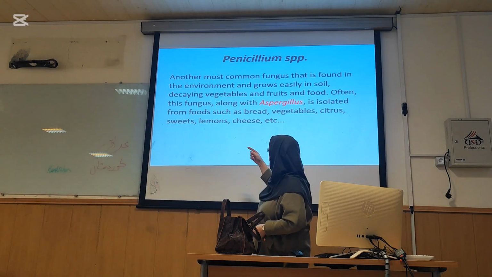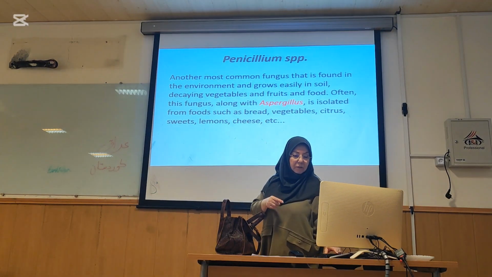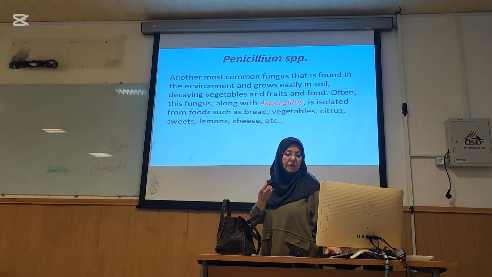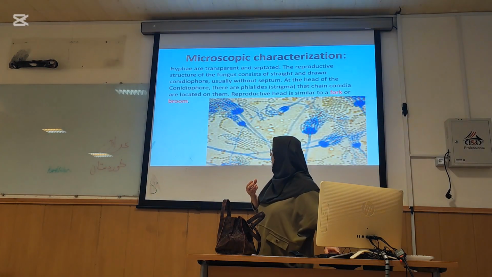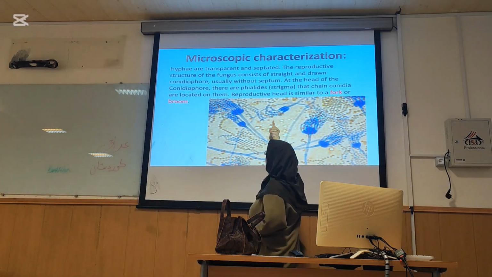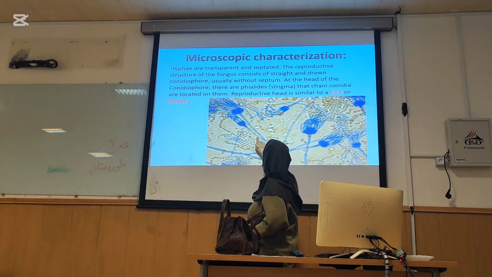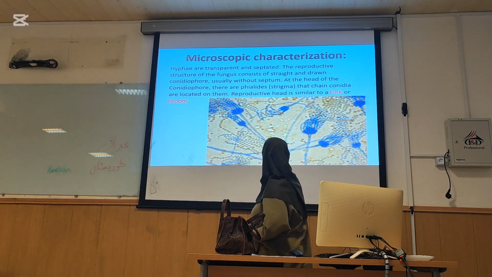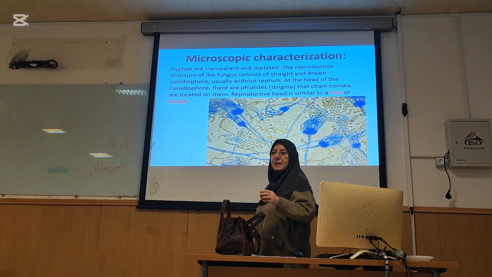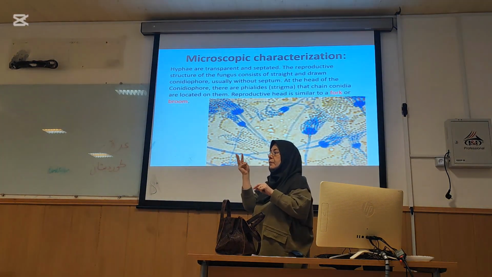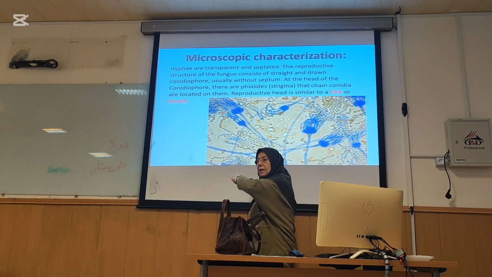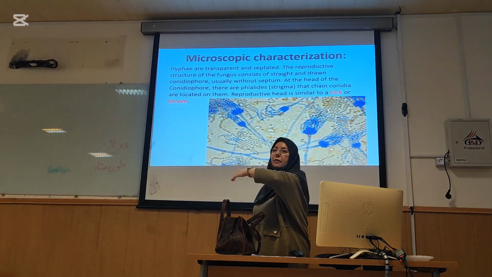Under the microscope, usually you can see a picture like a fork or broom. As you see, you can see this figure for Penicillium. This is the conidiophore. This is the conidiophore. On the top of the conidiophore, you can see the phialides, three branches of phialides, and attached to the phialides you can see some chains of conidia.